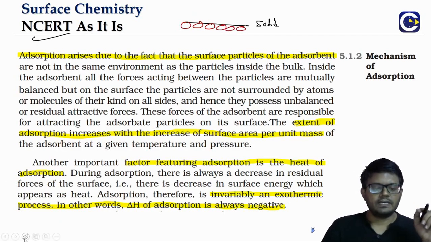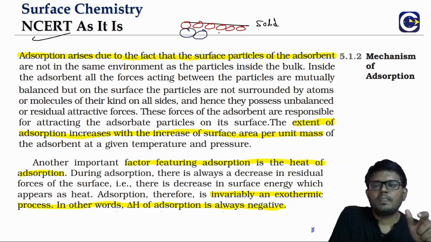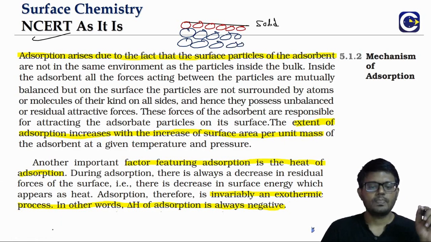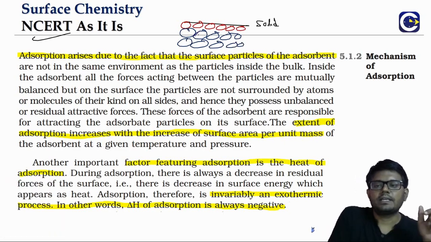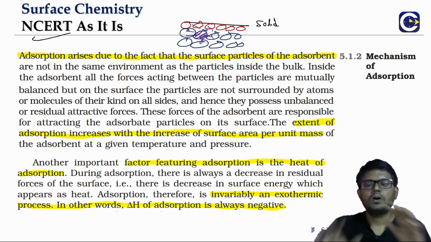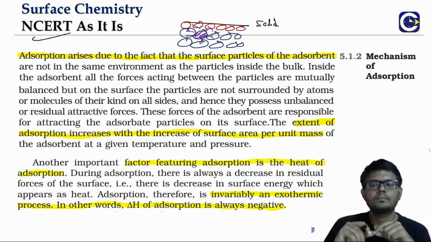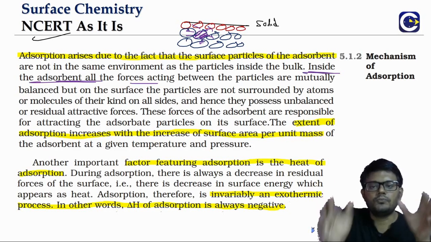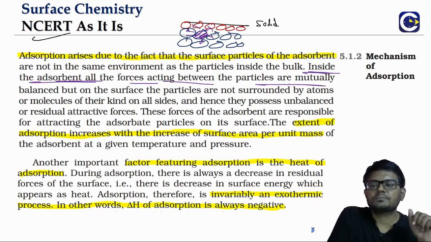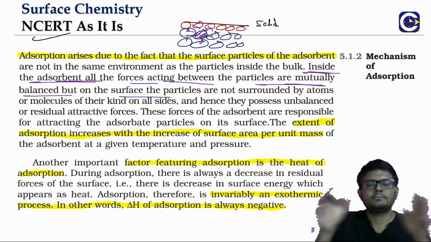I am showing them in different colors. One is the solid molecules on the surface. Other is the solid molecules which are well inside. You take any solid molecule that is well inside, it will have forces balanced in all directions. If you look at inside the adsorbent, any molecule you focus on, all the forces acting will be mutually balanced.